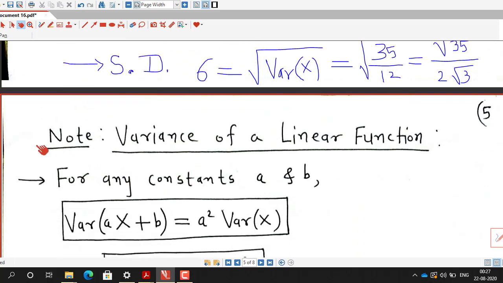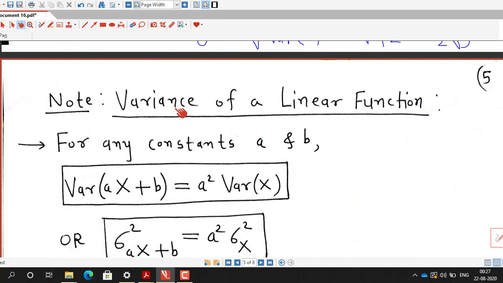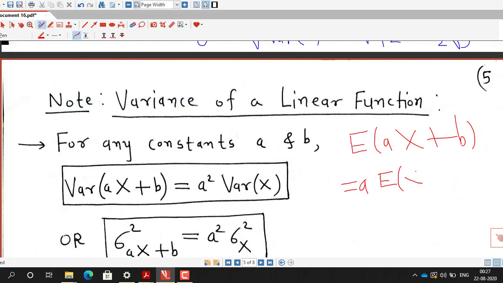We make one remark here, as we have made the remark for expected value of random variable. If you recall previous lecture, we have shown that expected value of linear function a into x plus b is nothing but a into expected value of x plus b.